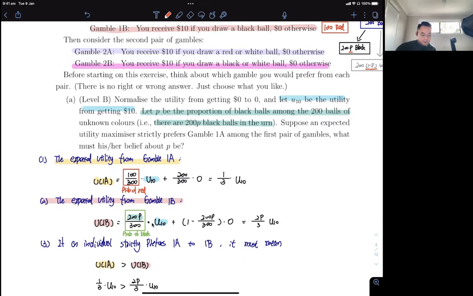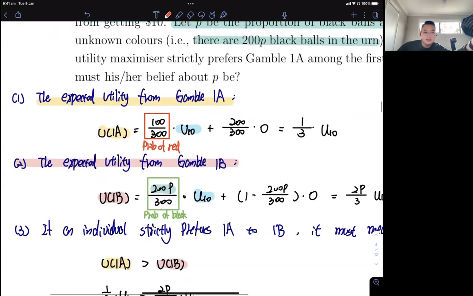So how do we do this? All we need to do is compare the expected utility from gamble 1A and gamble 1B, and by this comparison we'll know the value for P. First, the expected utility from gamble 1A. How many red balls do we have? 100.